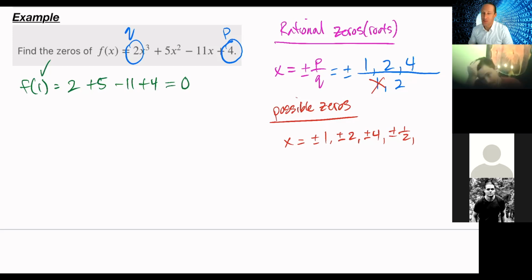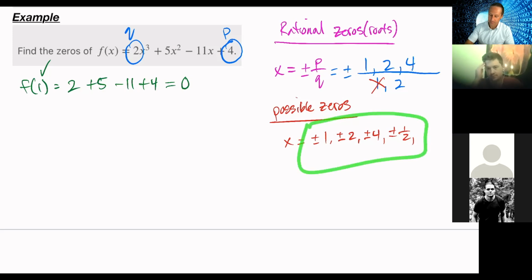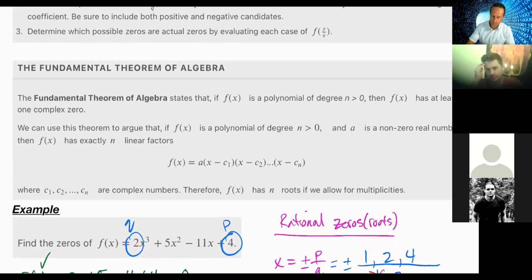Now, guys, you have a choice to make. Do you want to sit here and plug in -1, and then 2, and then -2, and then 4, and -4, and then finally a half and a negative half? Ugh. No, I'd rather not. Could you? Yes. But don't forget, some of these can actually be complex.